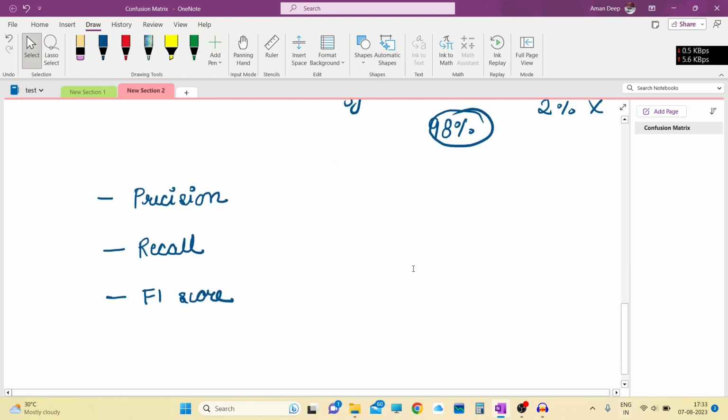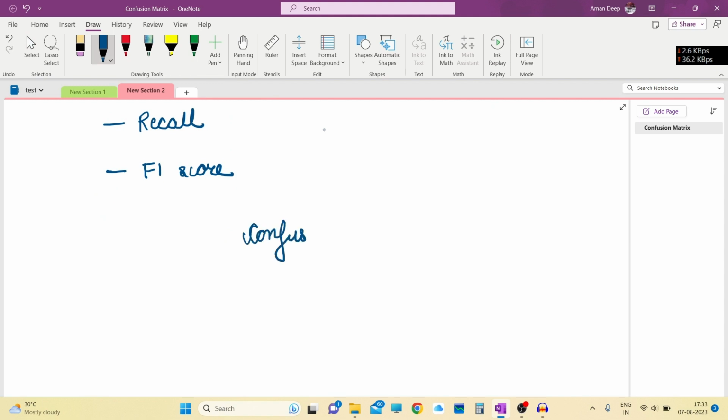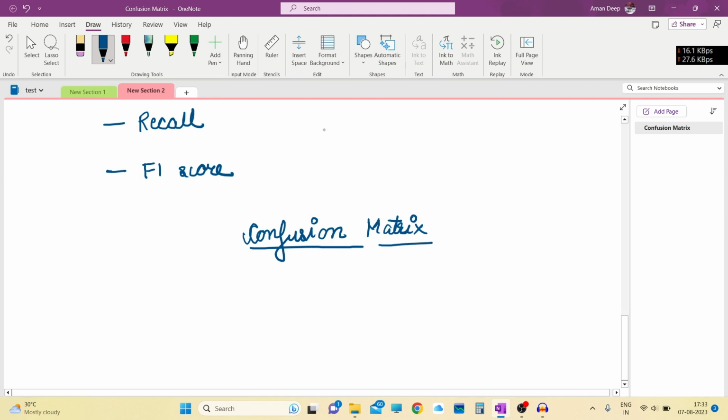And to evaluate this and to get an idea of the performance of the classification, we make a thing called a confusion matrix. A confusion matrix is basically a table which can be used for the evaluation of our classification model and to further compare between models.